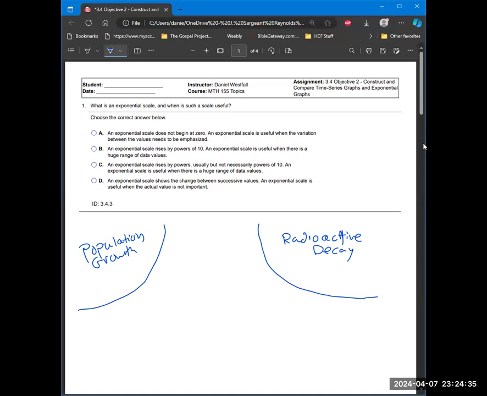You're probably mostly going to see this type of exponential curve here. And if you want to learn more about those, you can look at some of the videos for Math 154 or Math 161 that discuss those topics a little bit more. But the answer here is C.